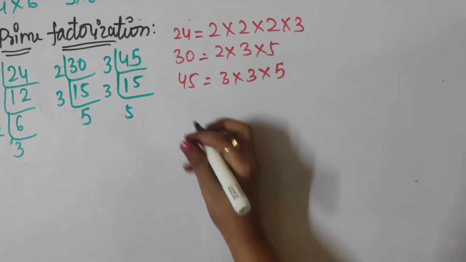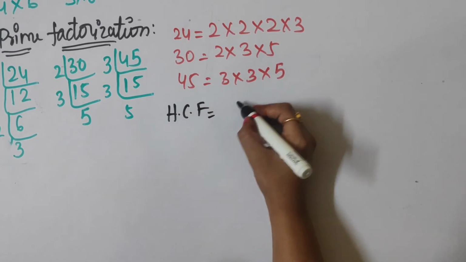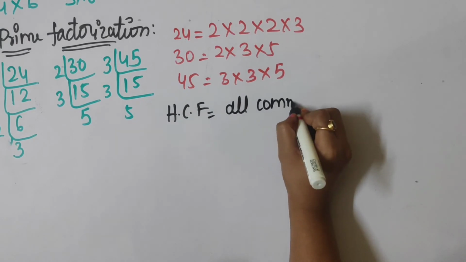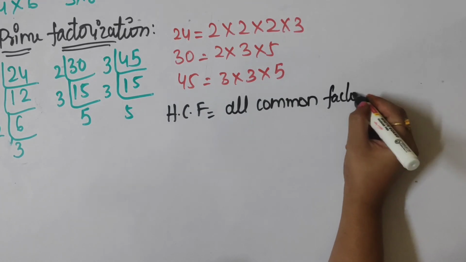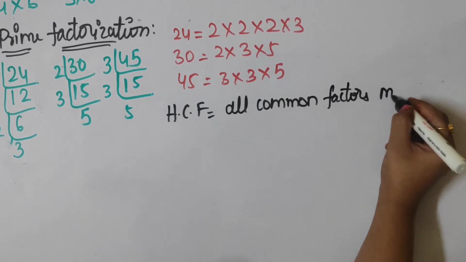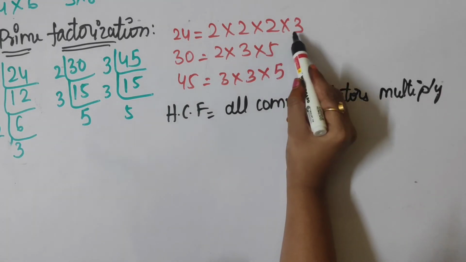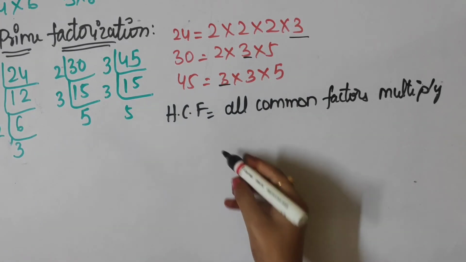So here the HCF is equals to, we need to multiply all common factors. So here I can see 3 is the common number, as there is only one number, so HCF is 3.